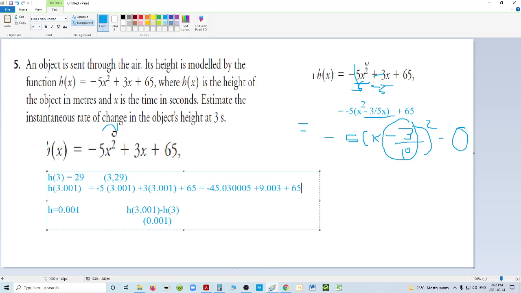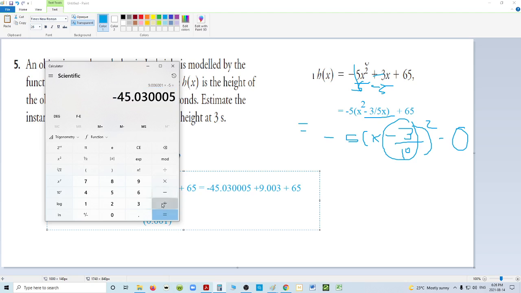So all we have to do is add 65 and 9.003 to it. And we get this. Which is the y just to the right.